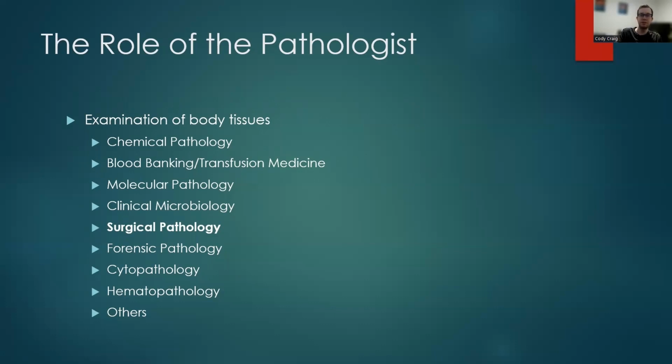We take the tissue that they give us, we look at it with our naked eye, and then we send that off to be processed, and then we make that into glass slides to look at under the microscope, and then issue a report based on those slides that we receive. And so that report is what we will be discussing here.